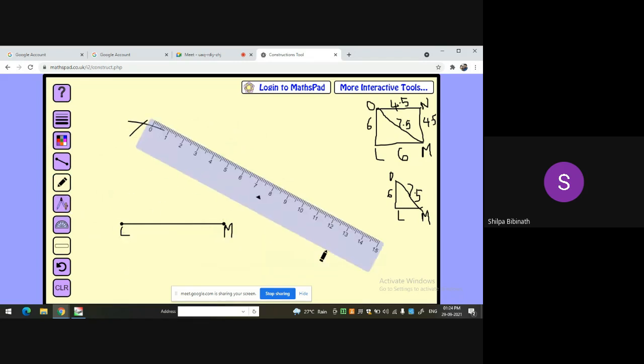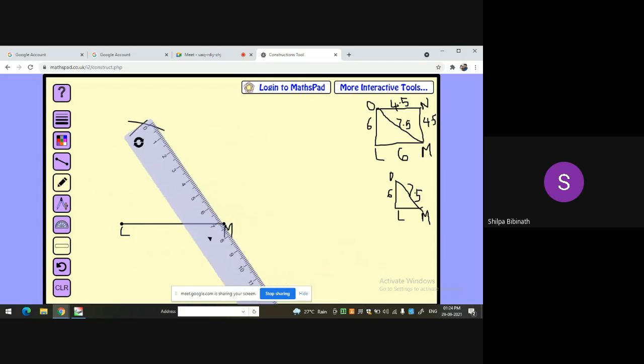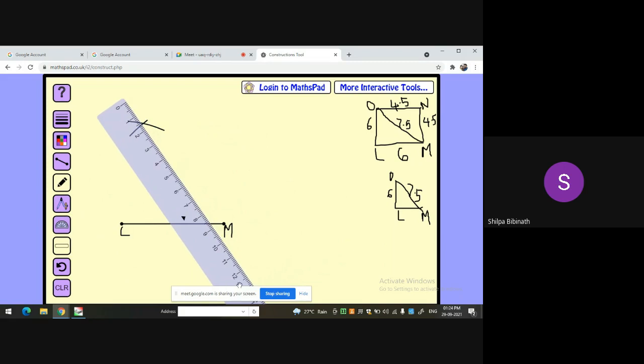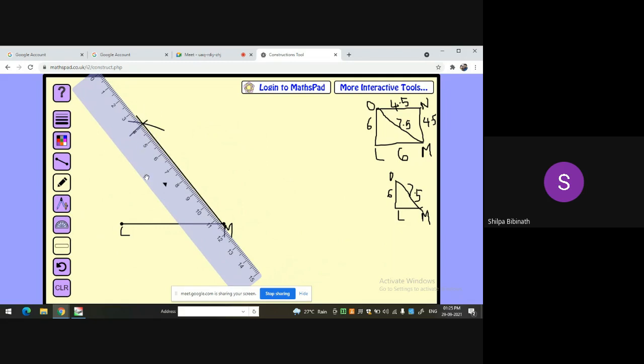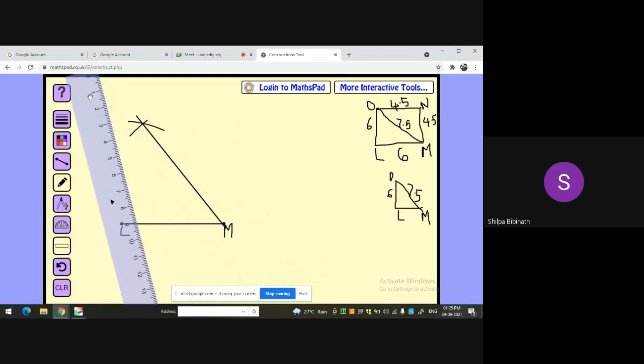Now we'll join this to M and the point of intersection, that is nothing but point O. And then we will join it here.